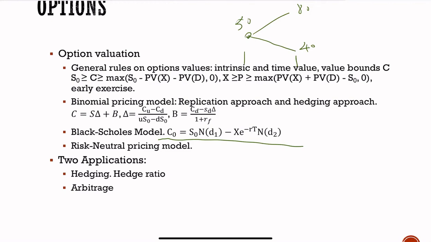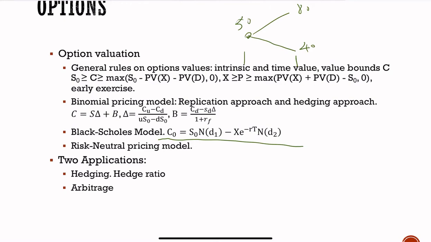And then the third approach is the risk neutral pricing model. So the idea is you will just assume you're having a risk neutral world. Everybody will discount every asset using the risk-free rate. However, this is not realistic, so you will want to adjust the probabilities. This adjusted probability is called risk-neutral probability.